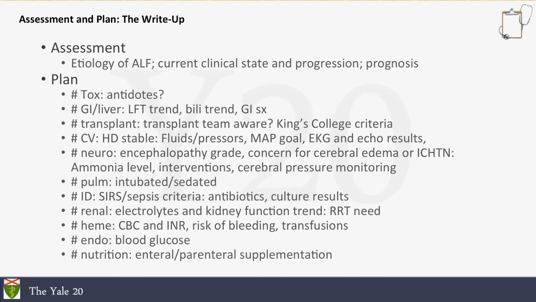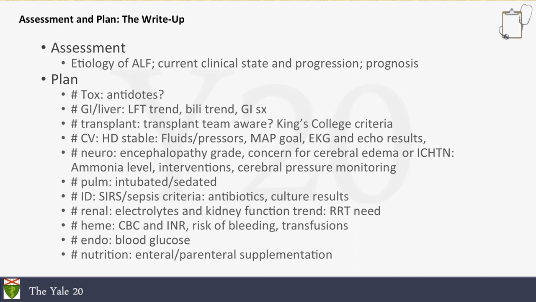For renal section, we should comment on their electrolytes and presence of any factors under the AEIOU category that may necessitate renal replacement therapy. If they are getting renal replacement therapy, how are they handling it? For heme, we can comment on their hemoglobin, platelet count, and INR, and signs and symptoms, and the risks of bleeding.